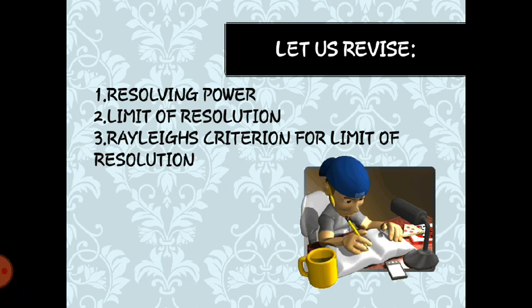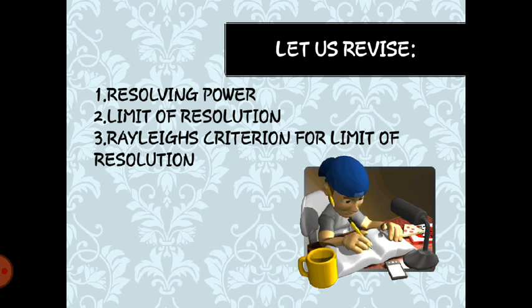Rayleigh was the scientist who gave the idea about objects which are resolved and objects which are just about to be resolved. He gave the idea graphically and also with a laser beam. We saw the Airy disk and Airy rings in yesterday's lecture.